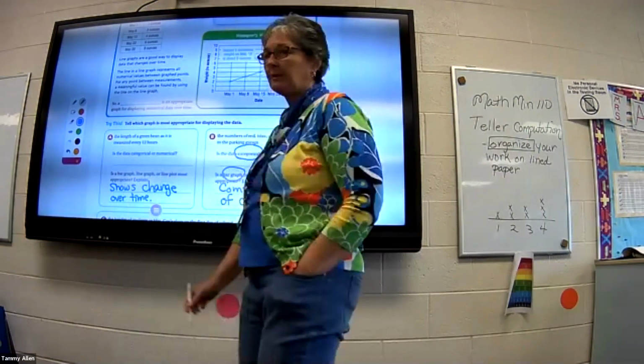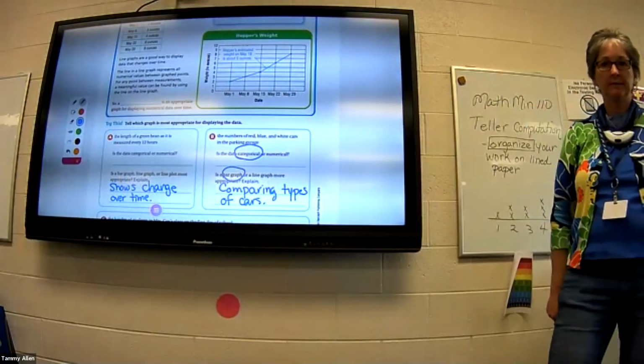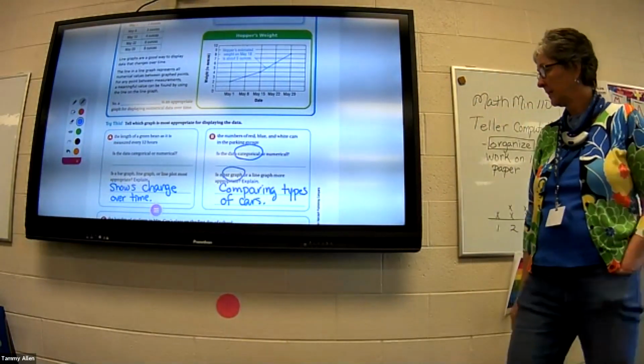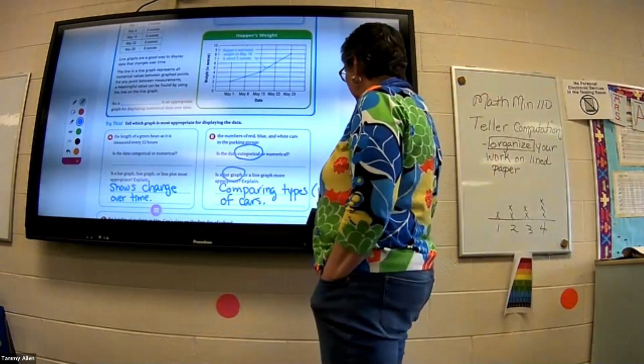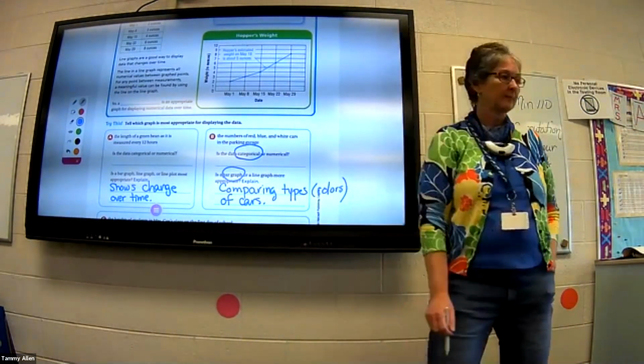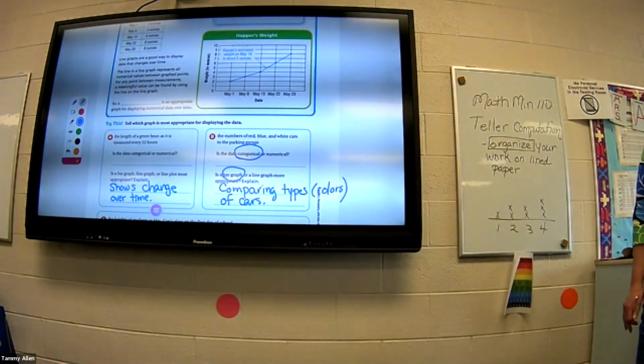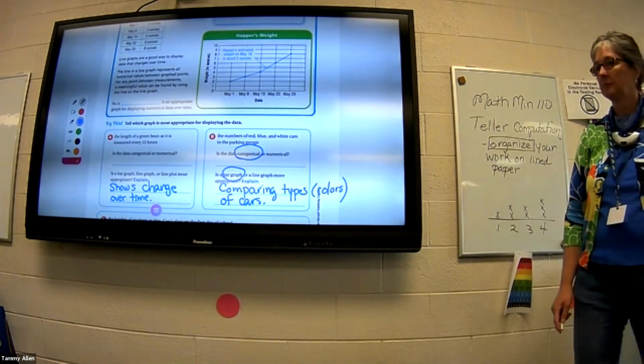And by type, is it a red type, a blue type, or a white type of car? Okay, by type, we are doing the color this time. Questions on that?